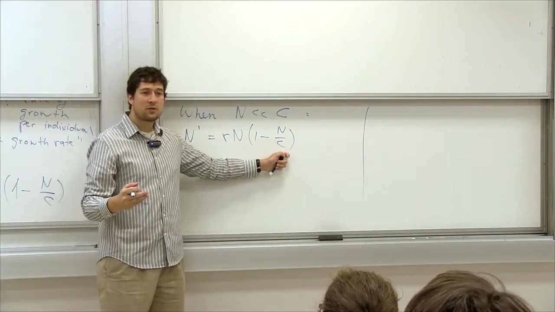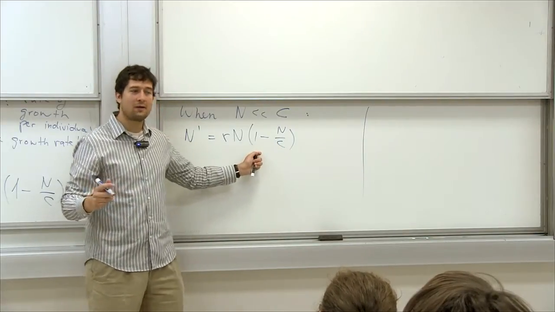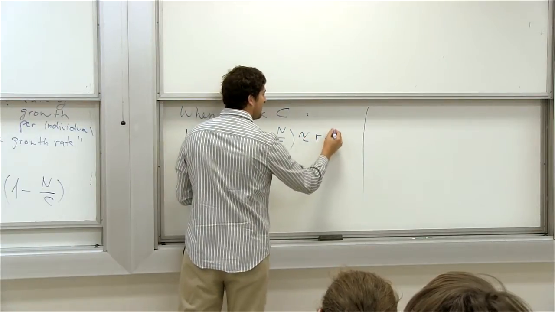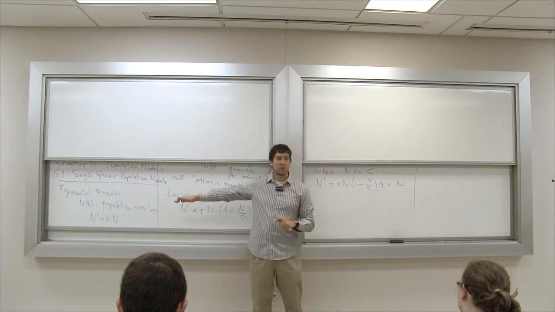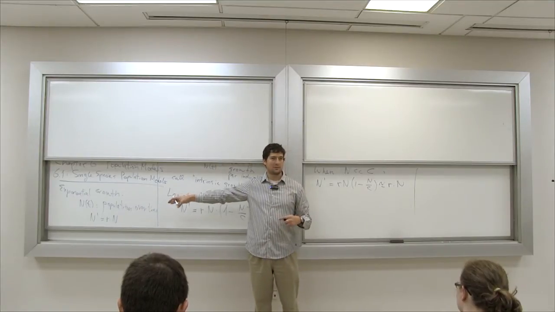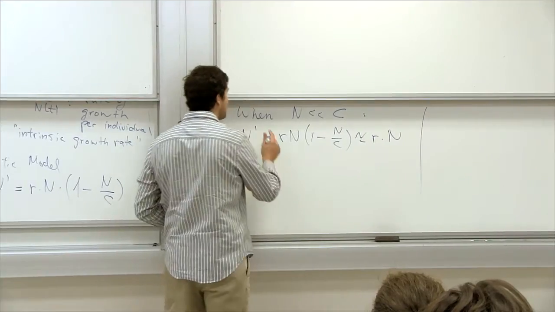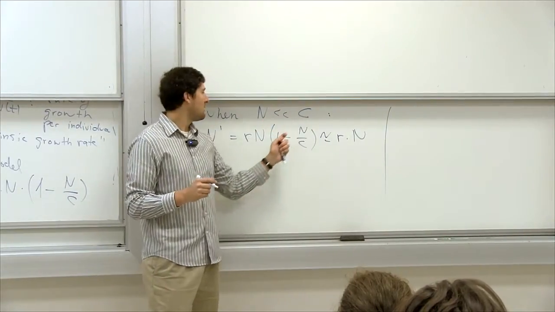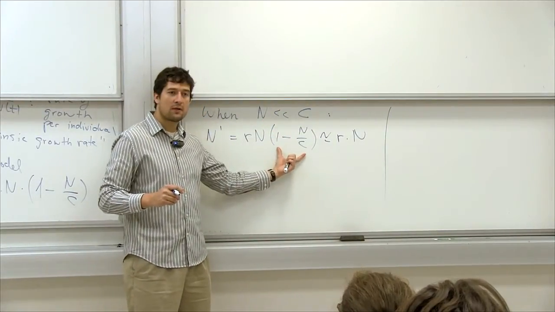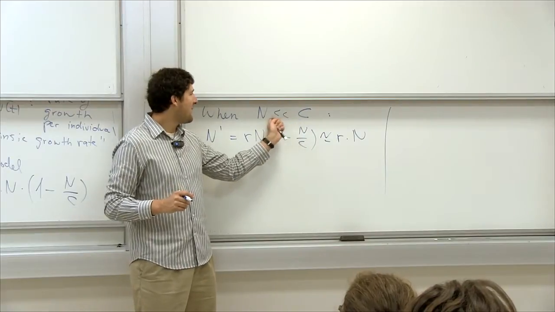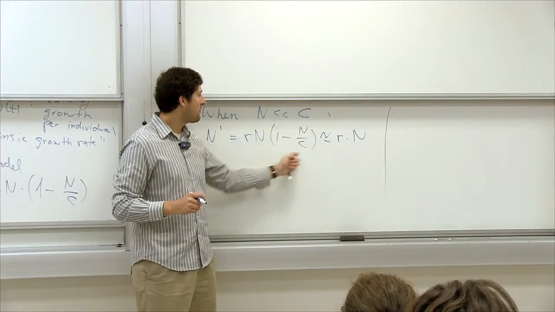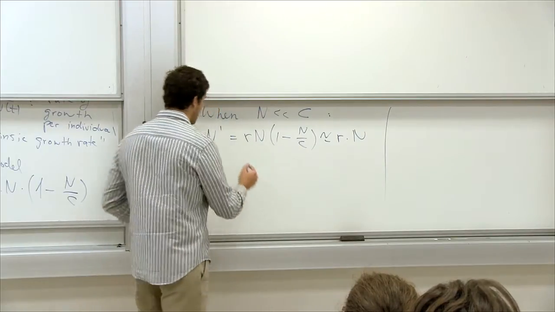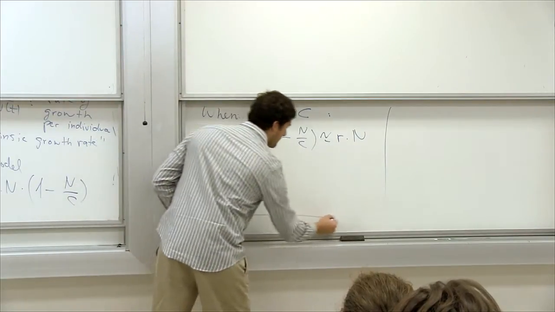So 1 minus something very small is basically still 1, and this is roughly equal to r times n. So we end up with the original model, right? But as n approaches C, this number starts growing, right? And when n becomes very, very close to C, this number becomes very, very close to 0, so the population slows down.